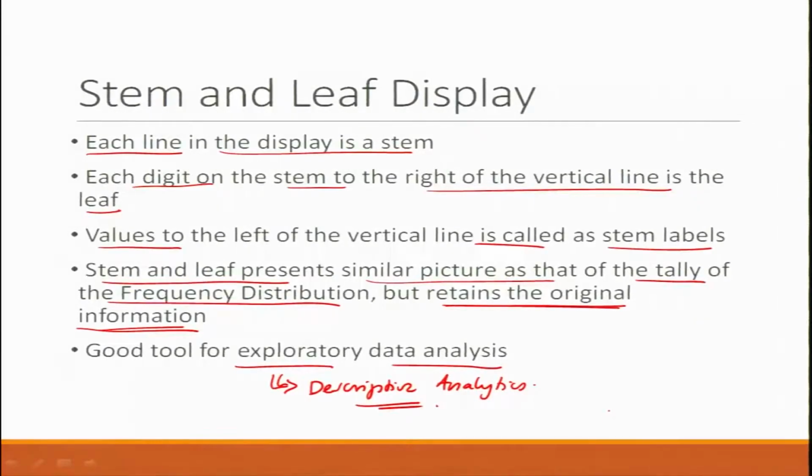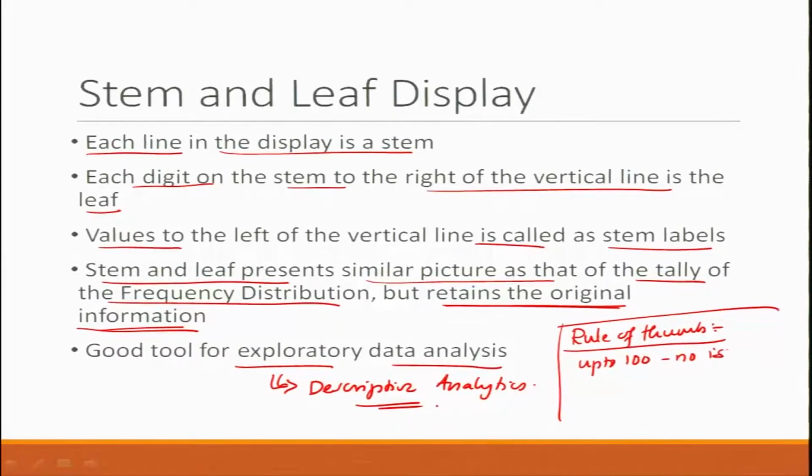So, now we have studied stem and leaf, and we have also seen frequency distribution and how they are connected to each other, and how to even make a stem and leaf kind of a system. And typically these things I will again recommend that you can use Microsoft Excel or something, because the rule of thumb for practitioners is up to 100 data points no issues for stem and leaf, up to 200 crowding, 200 or 250, beyond 250 avoid.